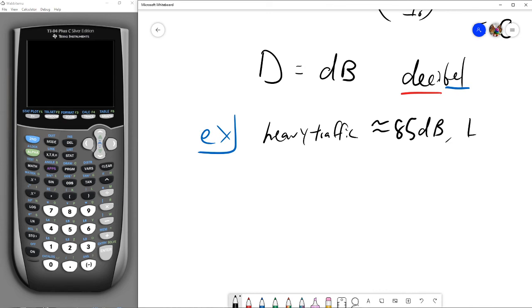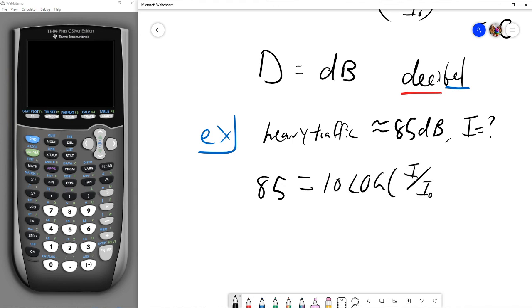So what does the intensity equal? So 85, that's our D, is equal to 10 log of I over I naught. I is the unknown we're looking for. We already know what I naught is. That does not change at all.